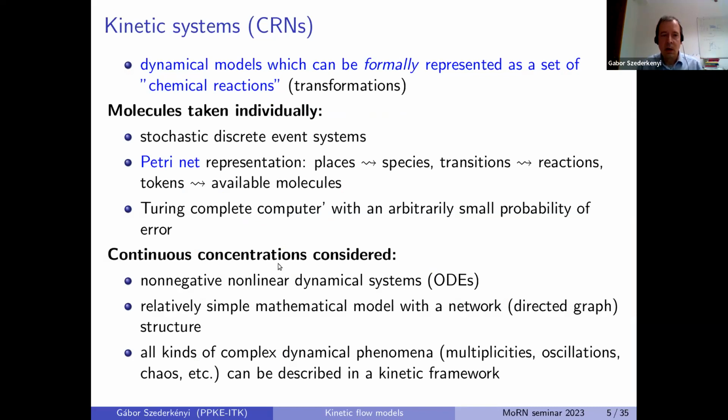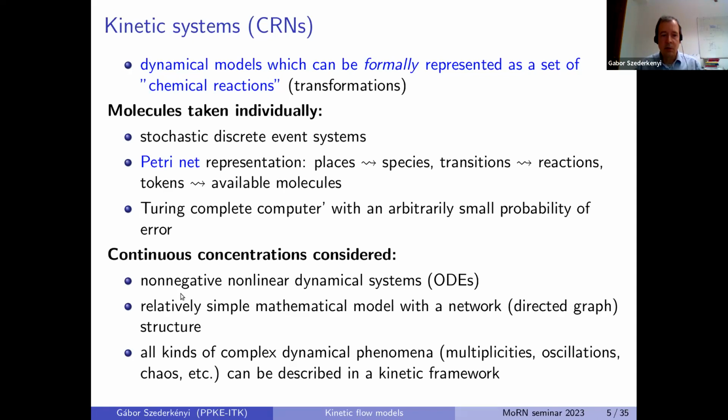If we take the molecules individually, then we know that these are stochastic discrete event systems, which can be represented, for example, by Petri nets. But we will mainly work on continuous concentrations. So these will be nonlinear and non-negative dynamical systems, mainly in ordinary differential equation form, but maybe in partial differential equation form.